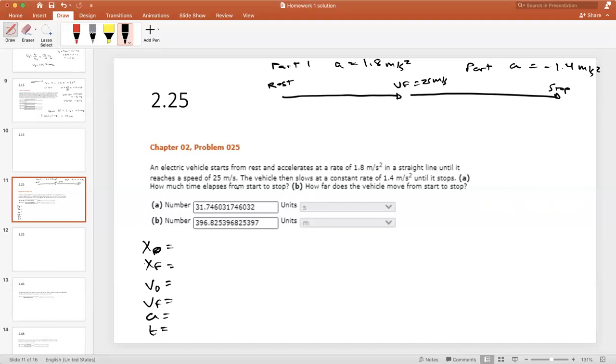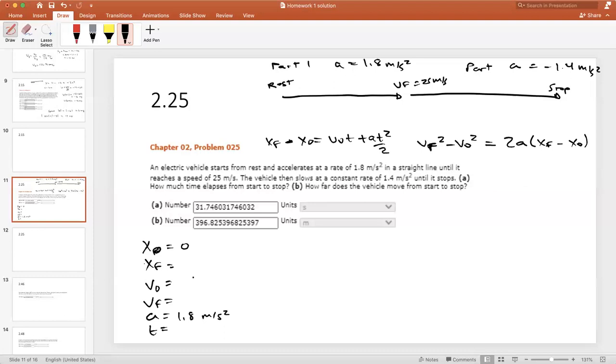We're just doing straight line motion, so our equations are, for instance, v naught t plus a t squared over 2, and v final squared minus v initial squared is 2a times x final minus x initial. No negative sign on the a. That's only negative when we do g because we assume that y is positive up. So for the first part, the only part I care about is this part with this acceleration of 1.8.